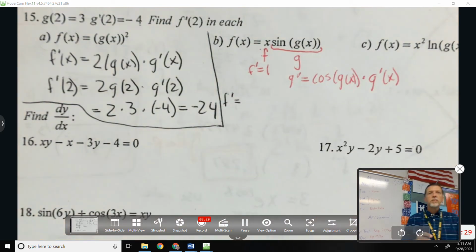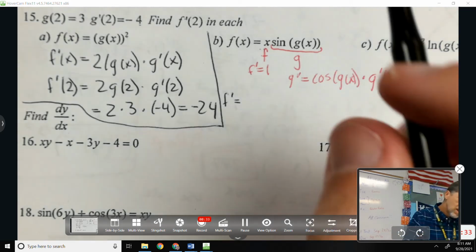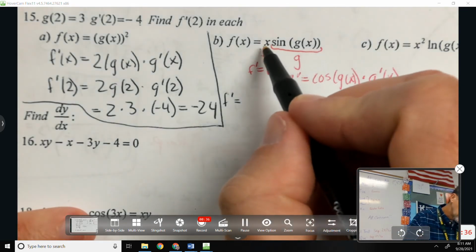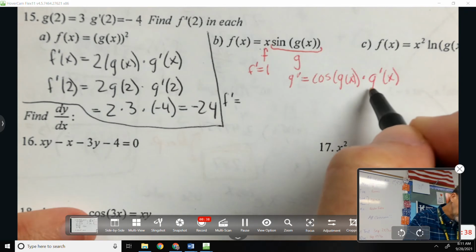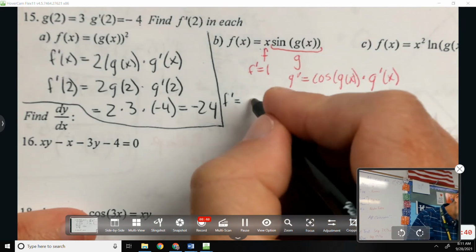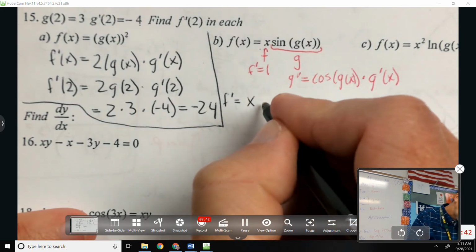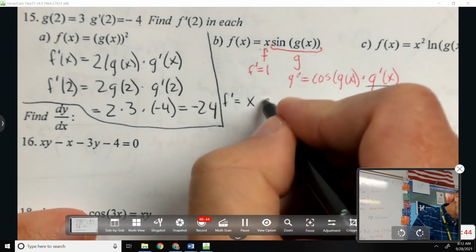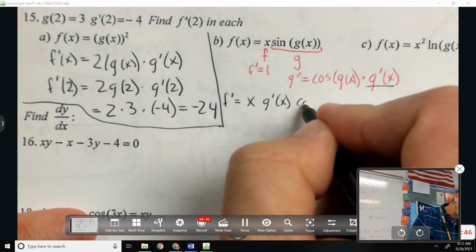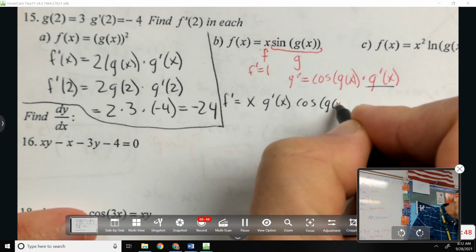So now, sort of back up, big picture, got to reassemble the pieces here. So the first one times the derivative of the second one. X. I'm going to put the g prime in front of the cosine just because I think it looks better that way.